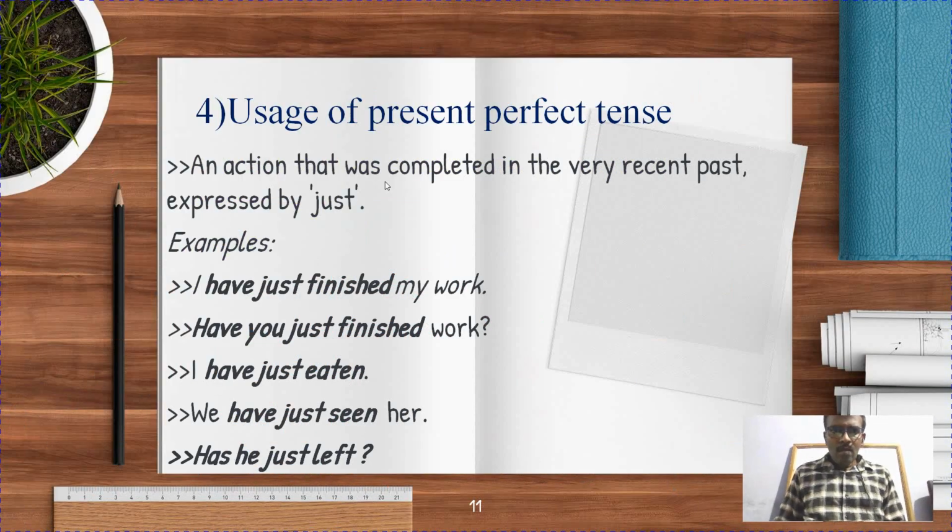Fourth one, another usage is for an action that was completed in the very recent past and expressed by just. Okay, just. We will often use just in some sentences made with present perfect tense. Examples: I have just finished my work. Now only he has completed his work.